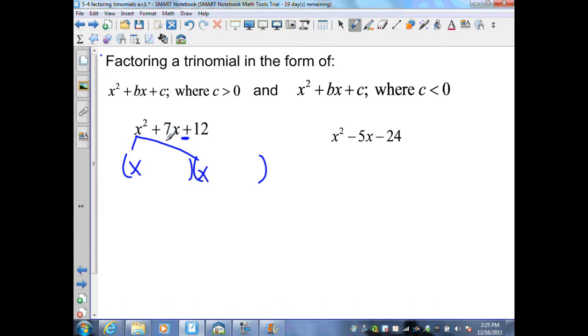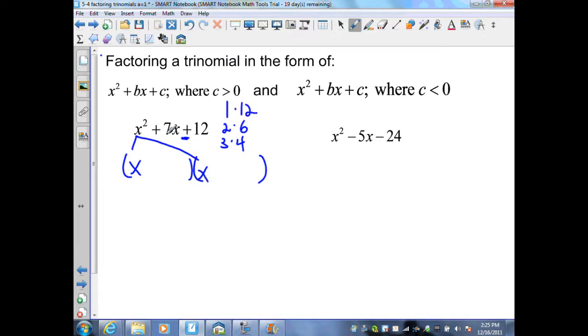And to do that, we could do a factor tree, or just by our multiplication table, we know that 1 times 12 equals 12. We know that 2 times 6 equals 12. We know that 3 times 4 equals 12 when we multiply. But when I go back through, I know that 1 plus 12 is 13.